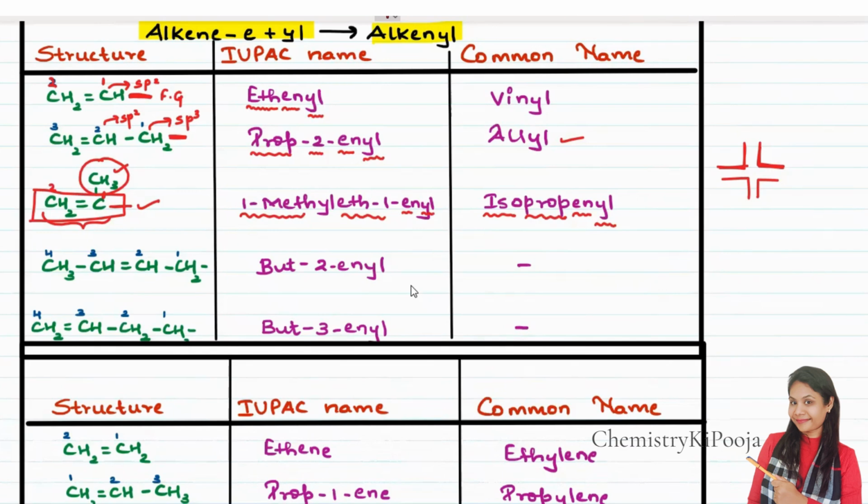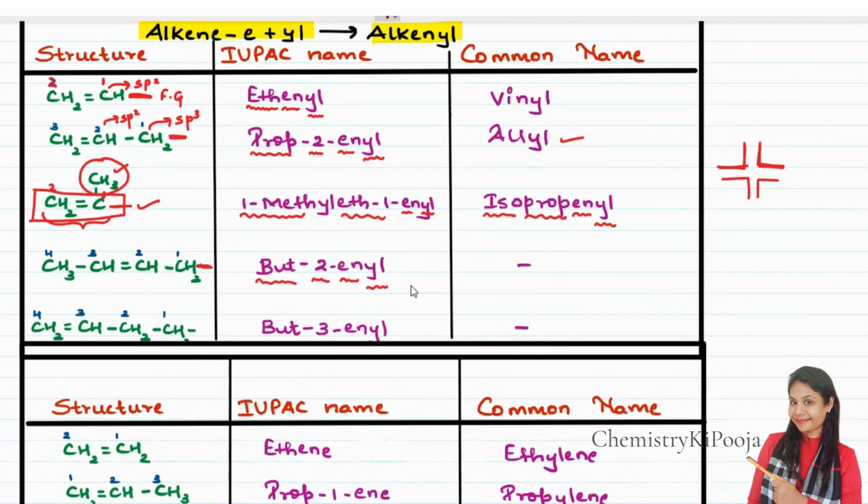Coming to the next structure, over here the total number of carbon atoms present are 1, 2, 3 and 4. Since 4 carbon atoms are present, I'm going to write it as but. Now the double bond is between the second and third position, so 2, then ene because of the double bond, and then yl because the chain continuation is still present.